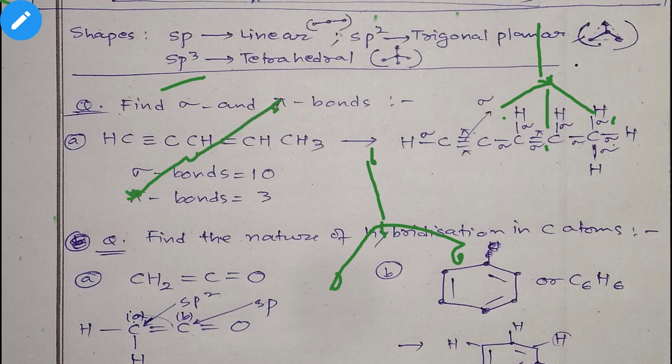So to summarize: sp3 means carbon connected to 4 atoms, sp2 means carbon connected to 3 atoms, and sp means linear, carbon connected to 2 atoms.